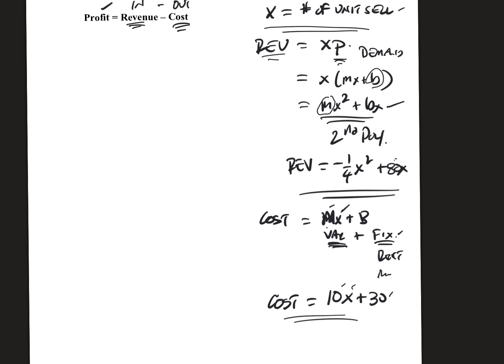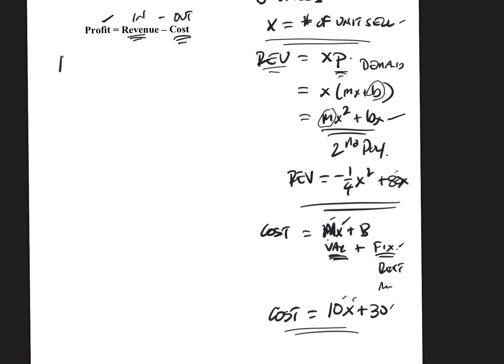If I want to know my profit function, I take my revenue function, negative 1/4 x squared plus 80x, and subtract my cost function, which is 10x plus 30. What you'll notice is that I'm subtracting polynomials. Hence, we have a reason for subtracting polynomials.